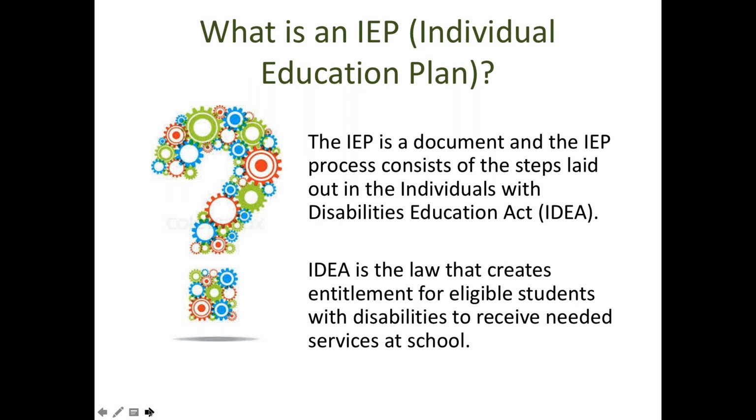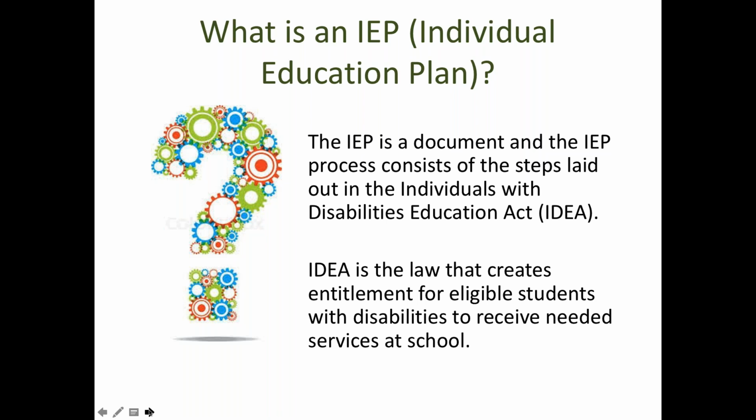So let's start with what is an IEP, right? It's probably a phrase that you've heard a lot. And people will equate the IEP with the idea of a child being outside of a regular classroom, and we're going to learn that that's not true. An IEP is very simply an individual education plan.